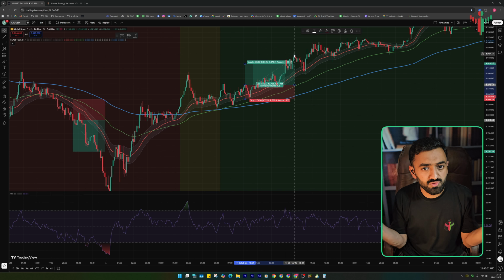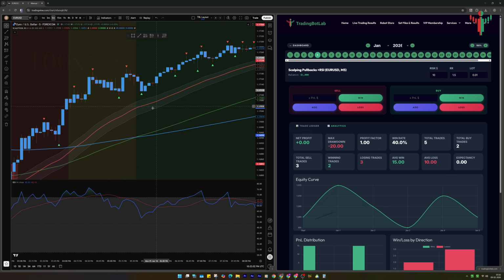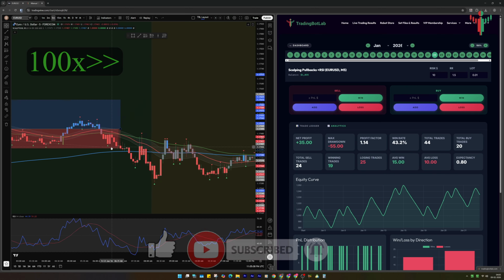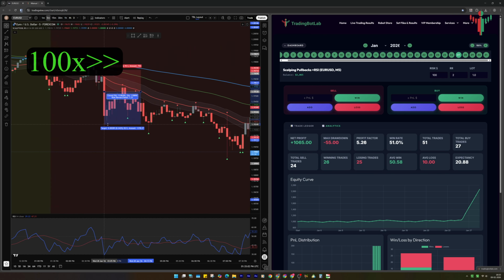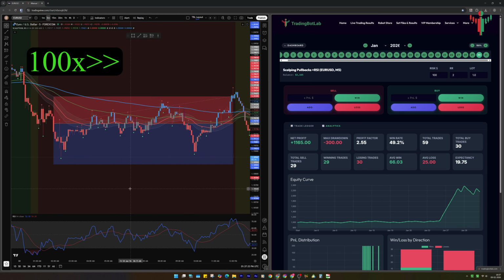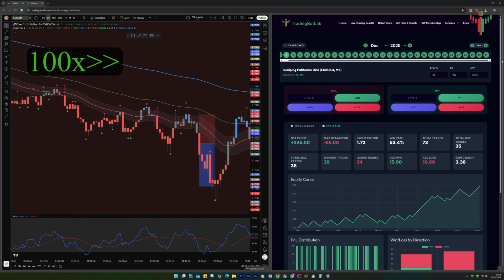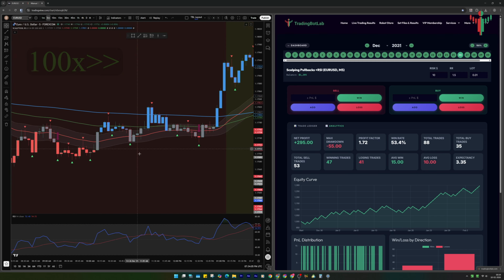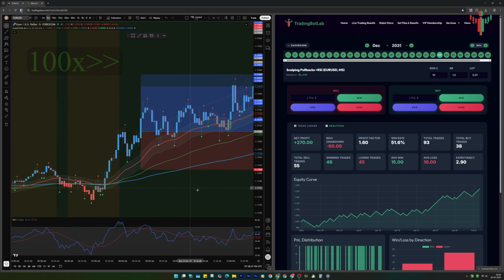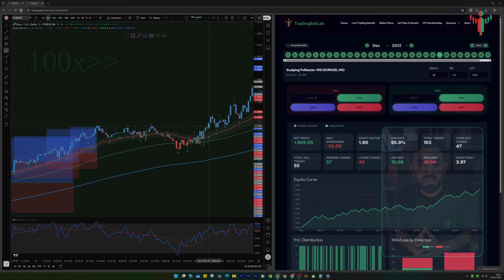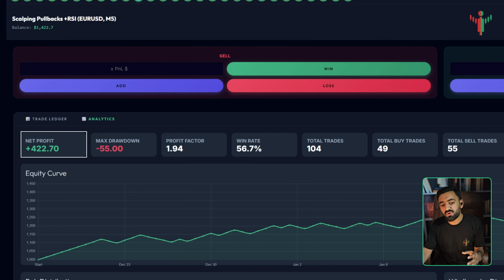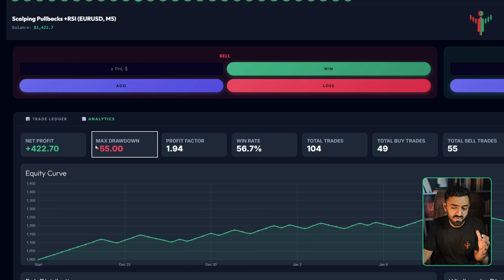And now let's move to the backtest process. The backtest process is completed, and here you can see it makes a total net profit of $422.7 with a max drawdown of only $55.